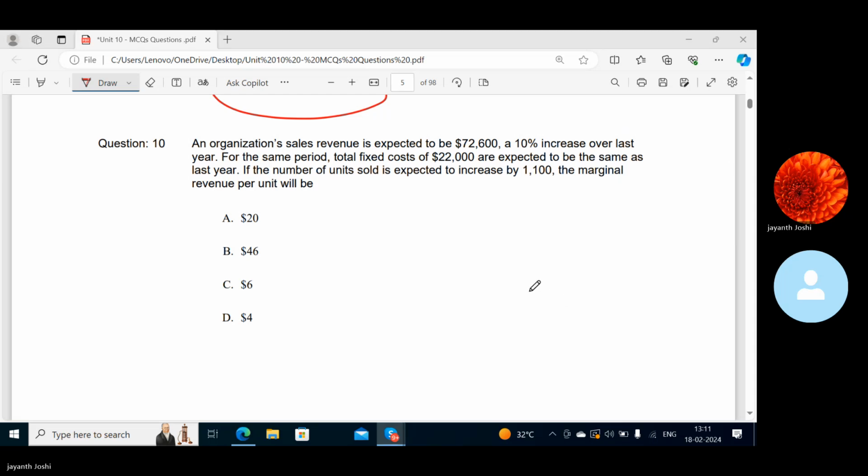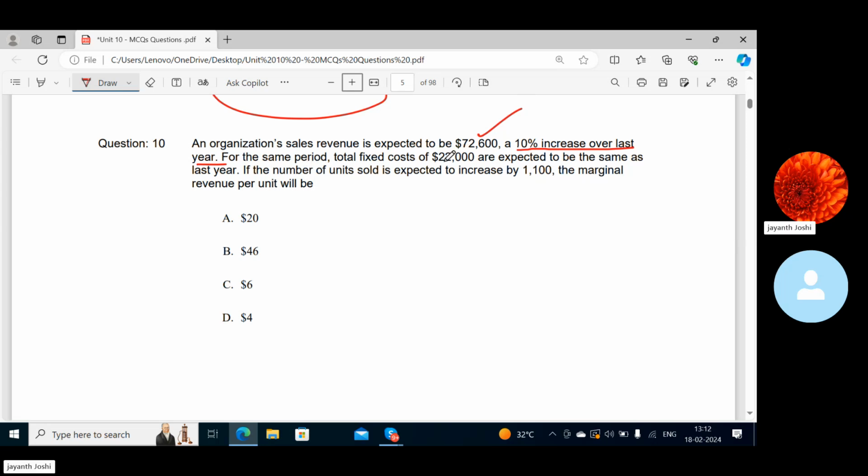An organization's sales revenue is expected to be $72,600, a 10% increase over last year.